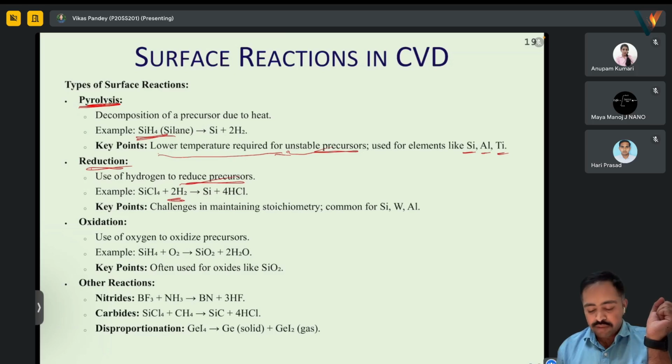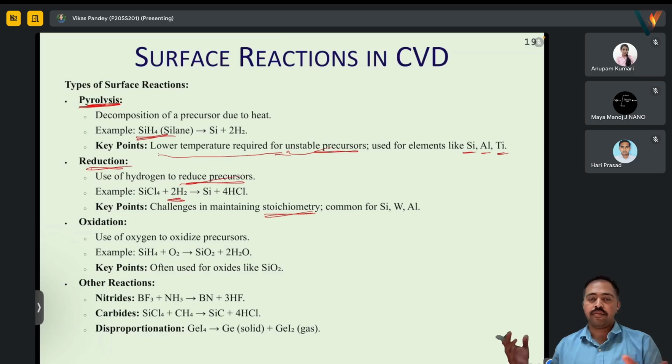But here the problem is that stoichiometry cannot be maintained easily, since the proportion of mixing and availability of hydrogen and silicon chloride is not uniform. Hydrogen is gaseous, silicon chloride is solid, and then we are mixing, flowing together. So that can be a problem.